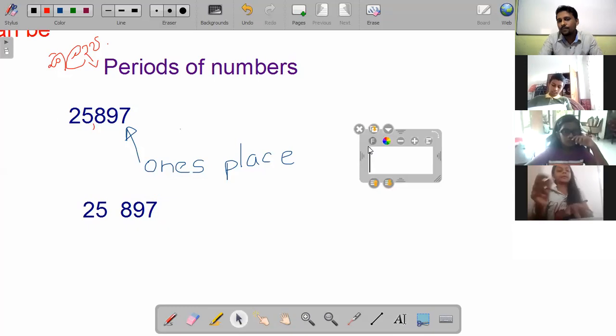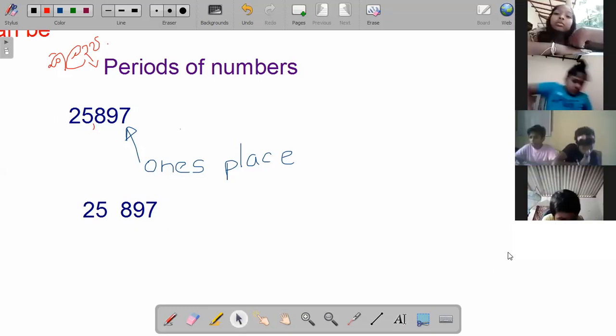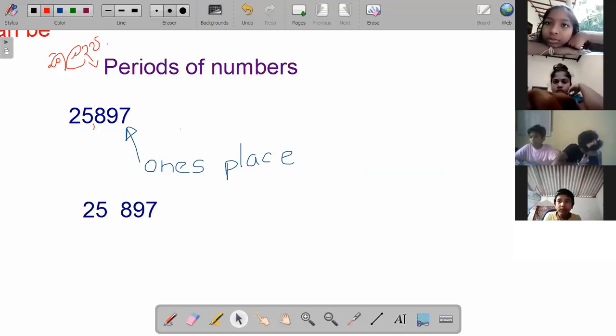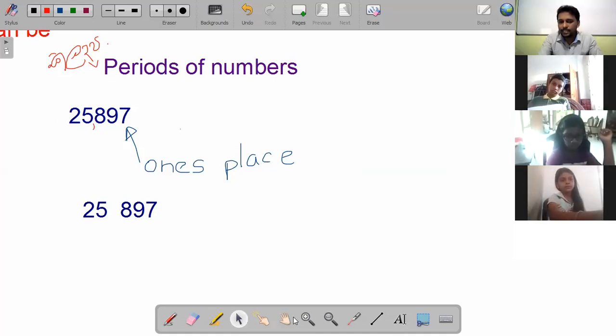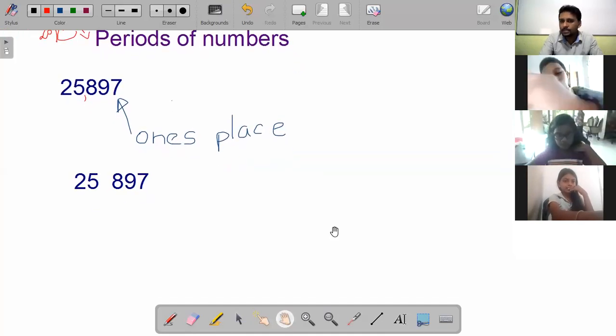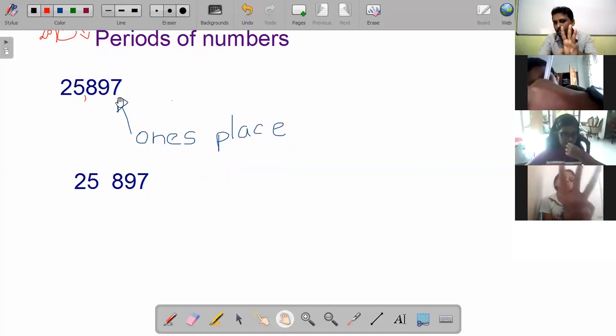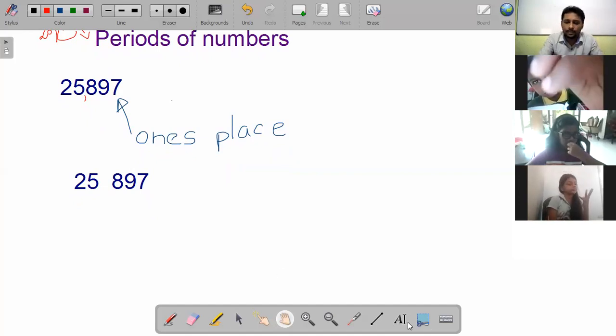Are you clear? තේරුණාද periods වල separate කරන විදිය? Also I will take another example. Later I will give the note. From where you have to start separating? From the last digit. How many digits do you keep in one period? 3 digits. Okay, right.